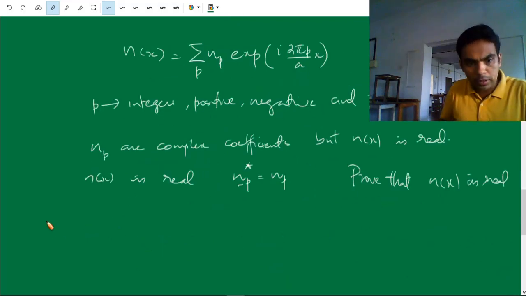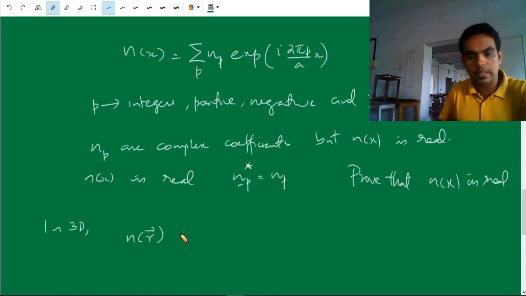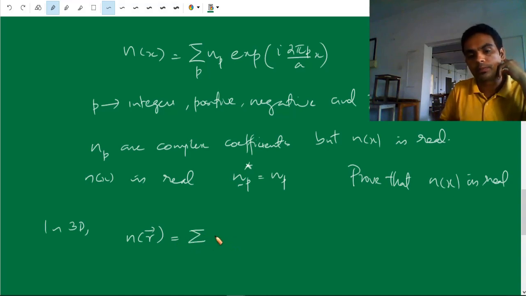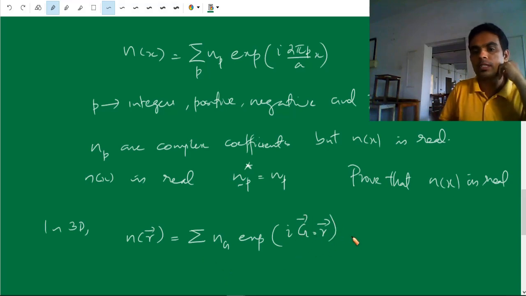So in three dimensions, this n of r is equal to the summation over G of n_G exponential e raised to i G dot r, where G is the reciprocal lattice vector.